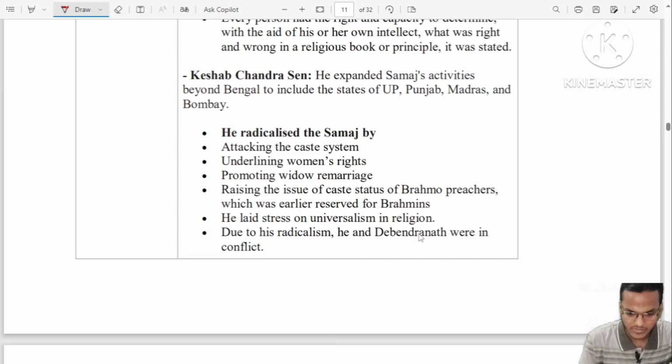Then comes Keshav Chandra Sen. Keshav Chandra Sen expanded the Samaj's activity beyond Bengal. He attacked the caste system, emphasized women's education and widow remarriage, and raised the issue of the caste status of Brahmo preachers.